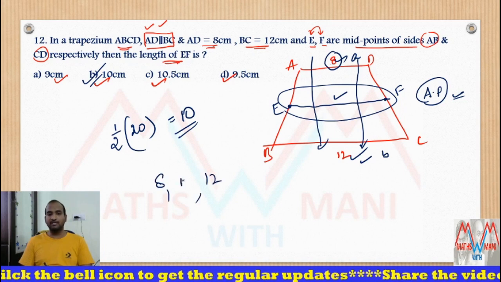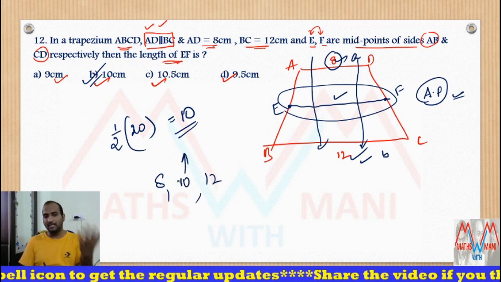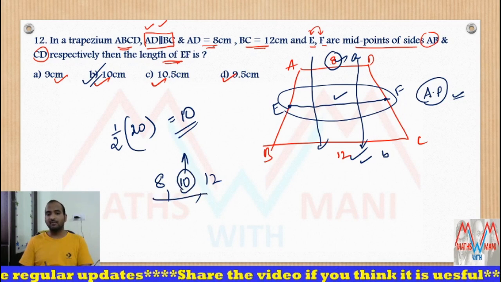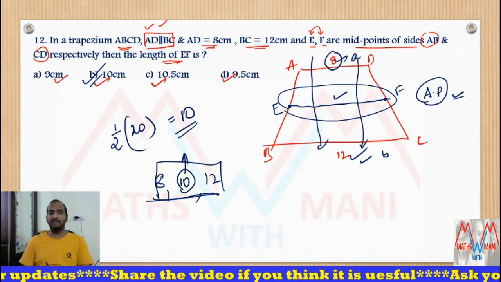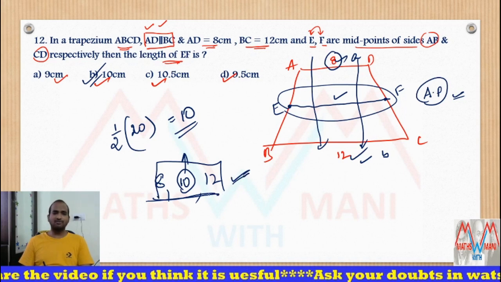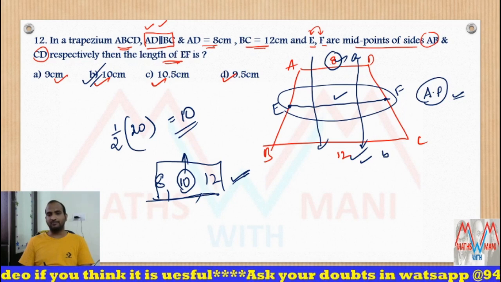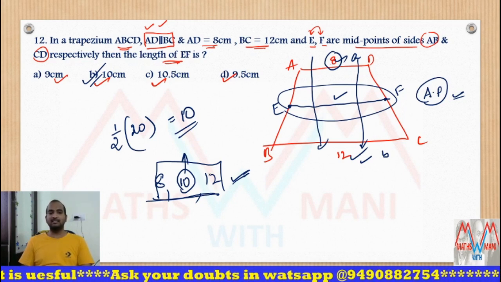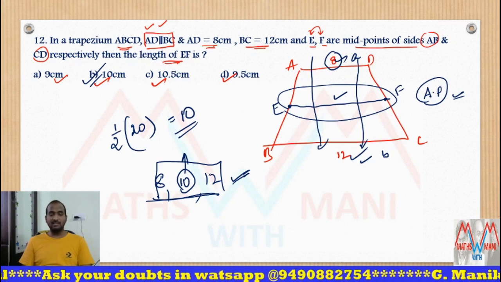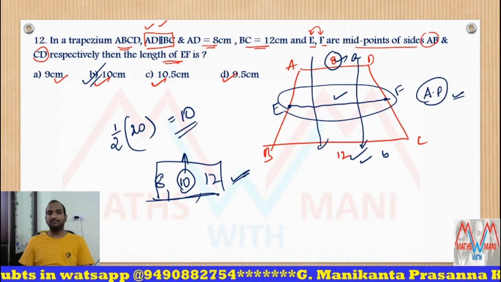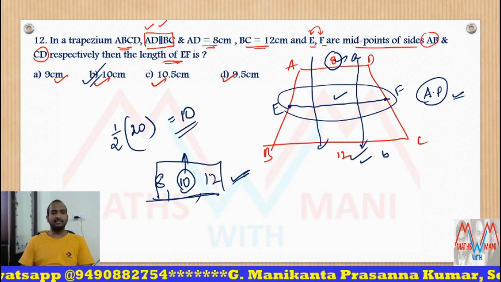So what should be the value of the mean or median of 8 and 12? That is 10. Okay. So 8, 10 and 12 are in arithmetic progression. In that way also you can easily find it. So this is a very basic question. These types of questions will be asked in CHSL, RRB, NTPC, group 2 or group 1 prelims. Okay, next one.